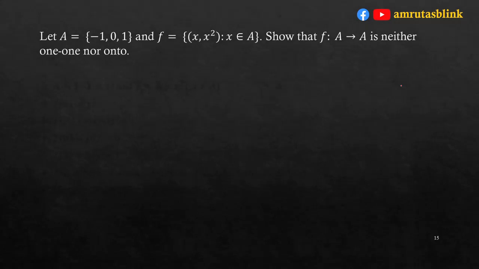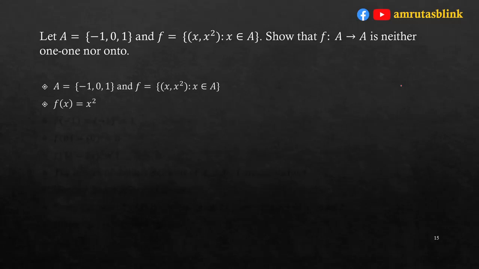Moving to the next problem. Let A is equal to {-1, 0, 1} and f is equal to x square such that x belongs to A. Show that f from A to A is neither 1-1 nor onto. Now A is equal to {-1, 0, 1} and f(x) is equal to x square.